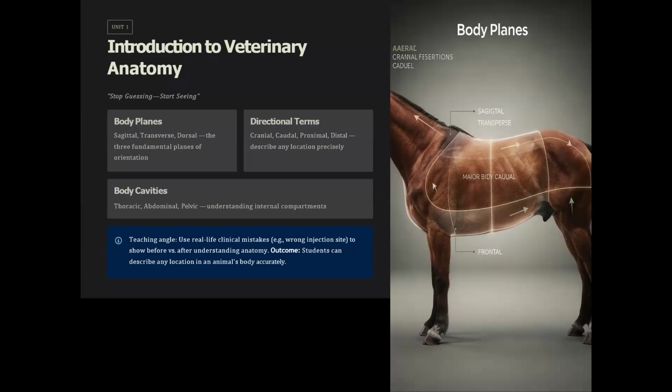Now you should understand that in teaching angles and direction, you have to use real life clinical examples to be able to master all these things. When talking about veterinary anatomy, you should be able to use yourself as the sample.